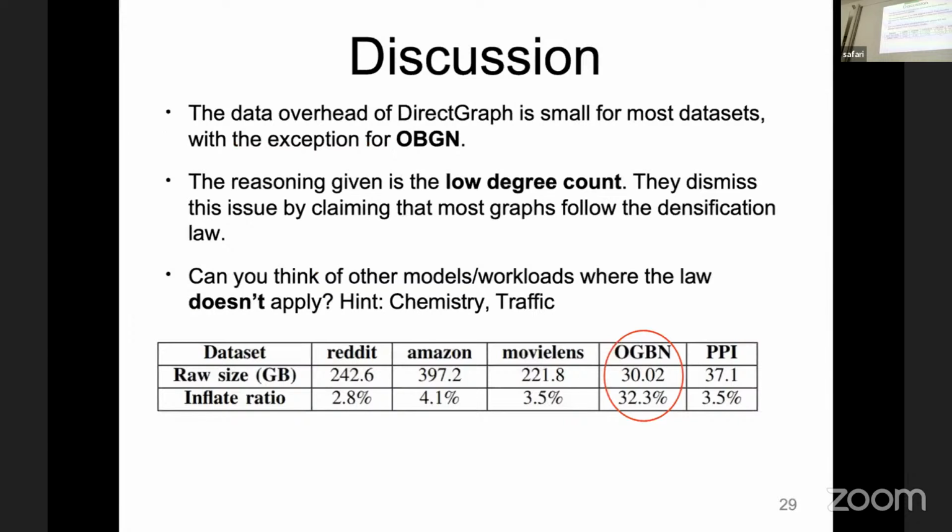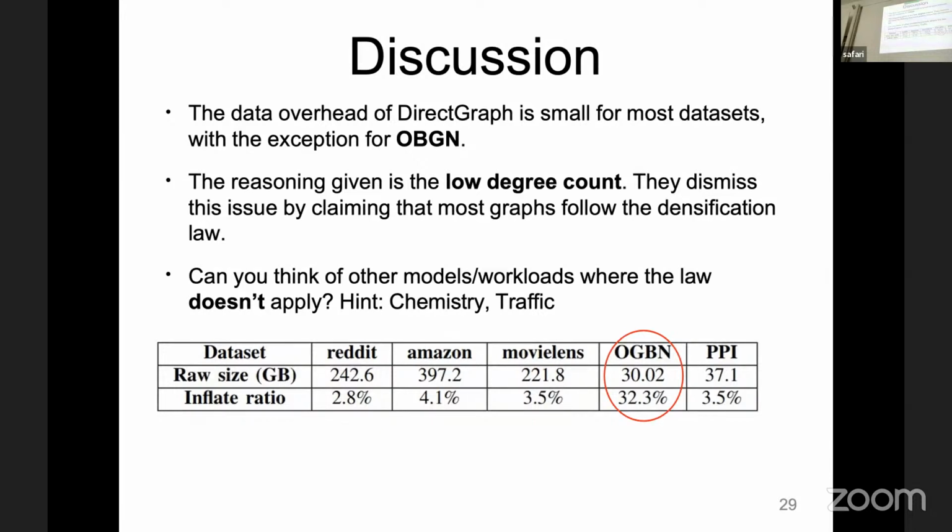So at first, what I wanted to discuss here is the claim of OGBN with the overhead. Again, because of the low degree count, the overhead increases a lot, and they dismiss this by saying that the densification law exists, which does work on graphs like, for example, social media, where the nodes get higher and higher neighbor counts.